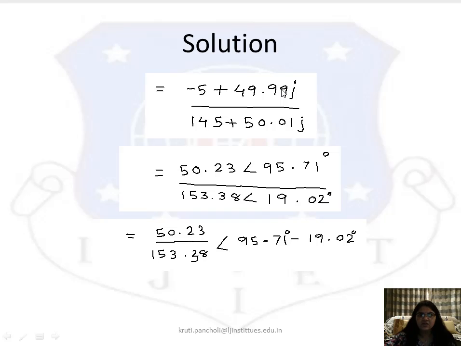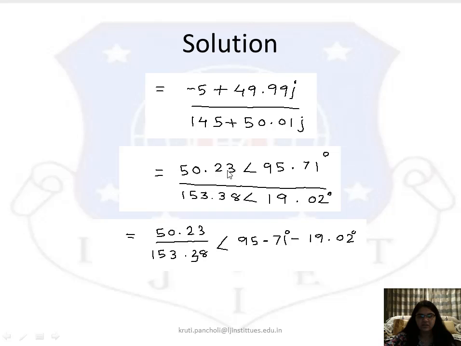Press that POL, then the bracket will come. In the bracket, write the values of A and B: minus 5, comma, 49.99, close the bracket, and by pressing equals you get the magnitude, which is 50.23.